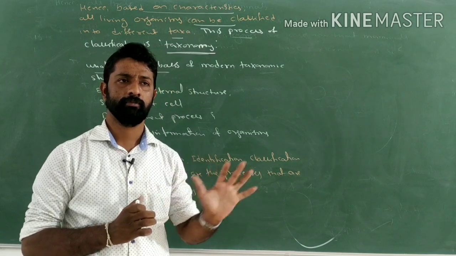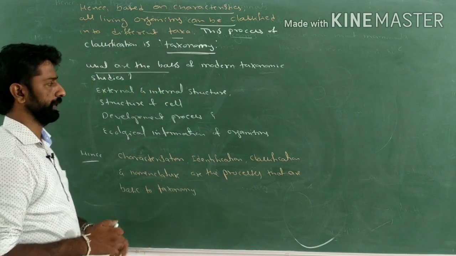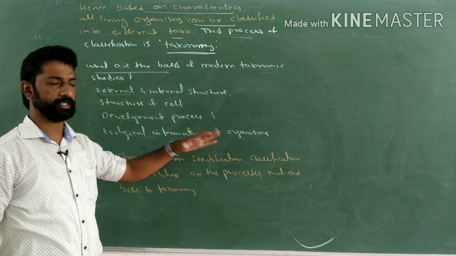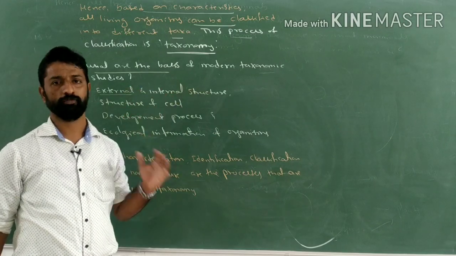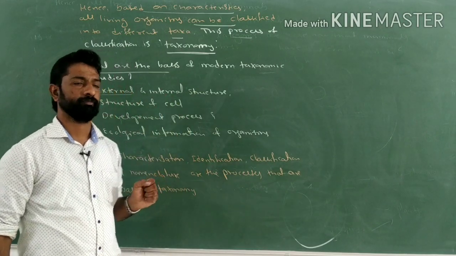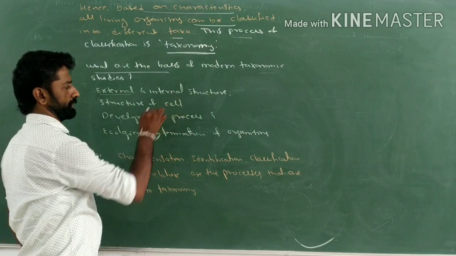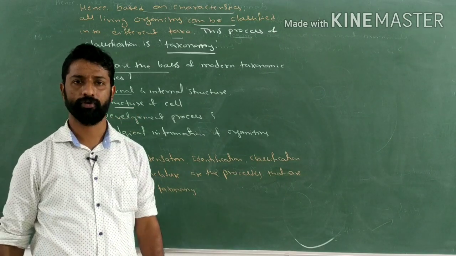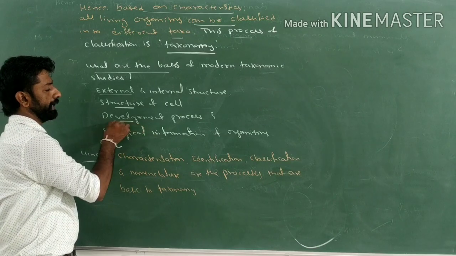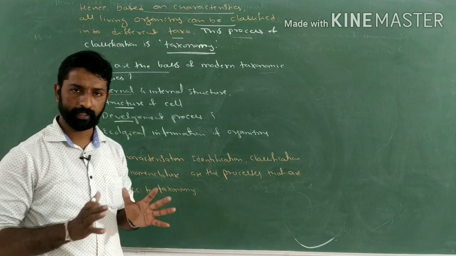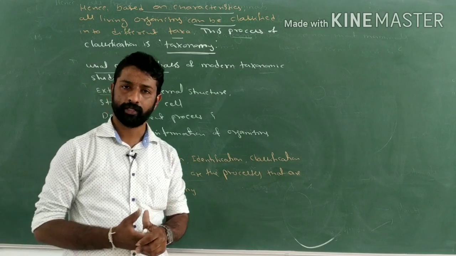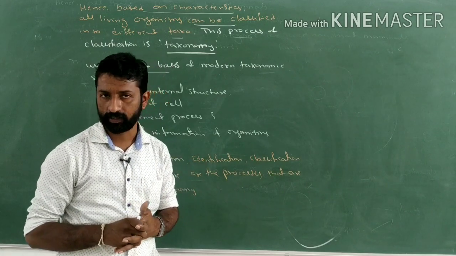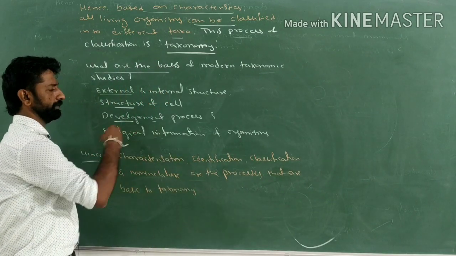The answer is that it requires information such as the external and internal structure of that particular organism, and the structure of cells, and the developmental process of that organism, whether it exhibits direct development or indirect development, and what the stages of development are.